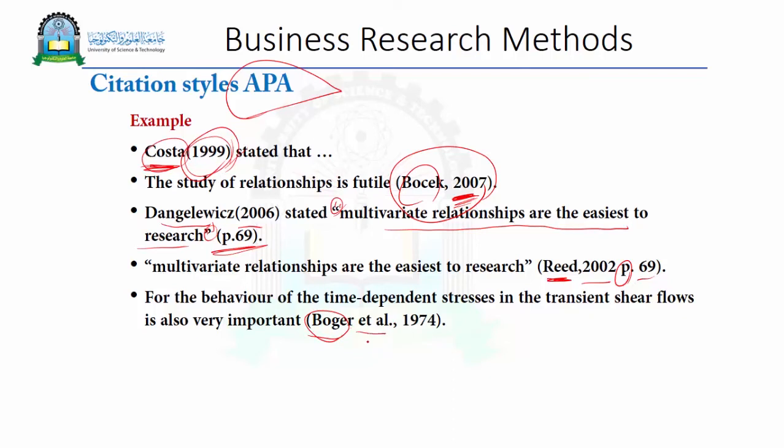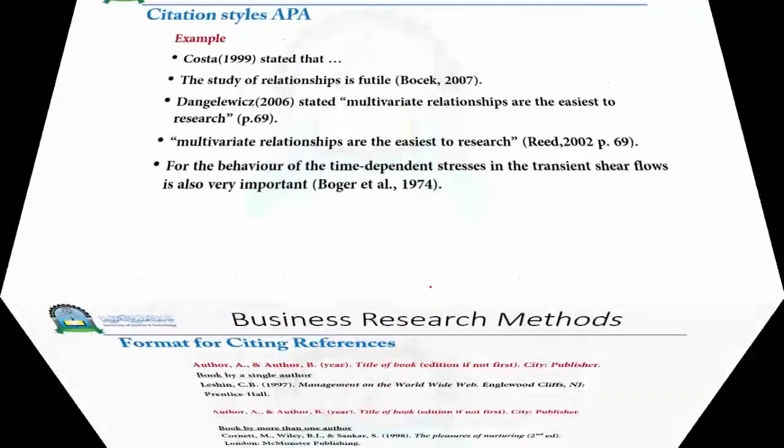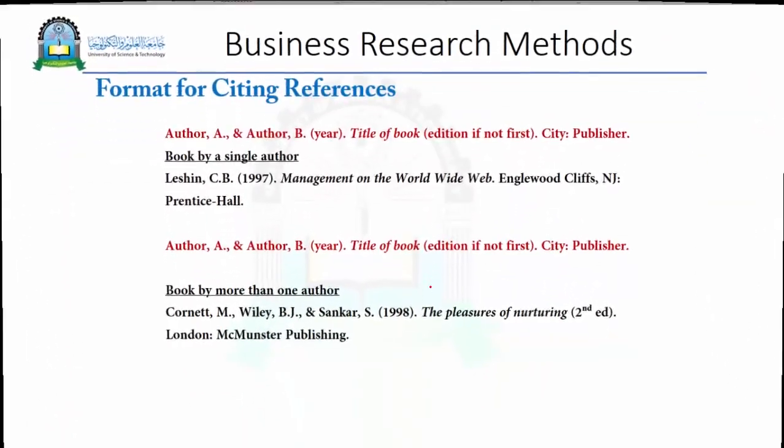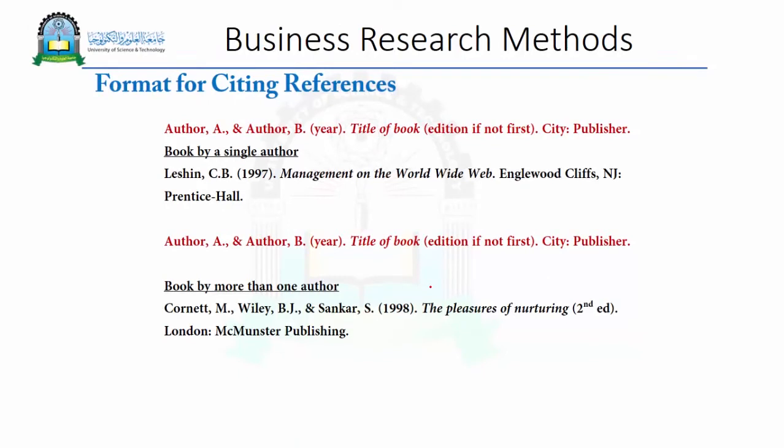But when you mention it at the beginning for the first time, you need to mention the family name of all the authors. Mention it once, and then whenever it occurs or you refer to the same work, you just write the family name of the first one and then et al., which means the others. The format, these are some examples for citing references.